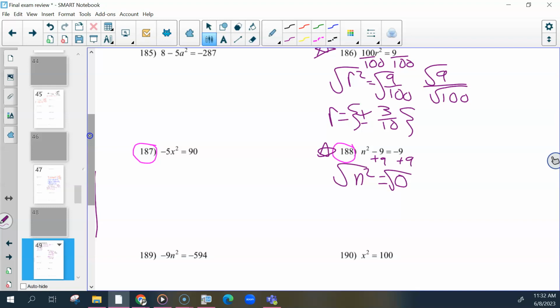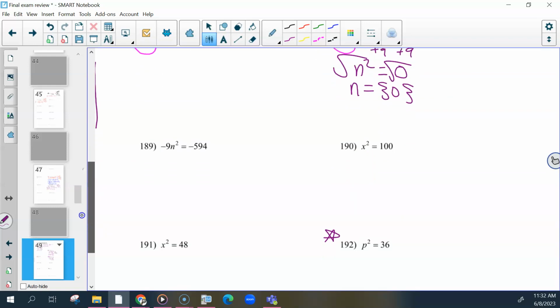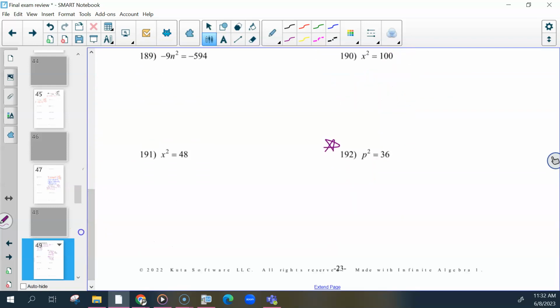In this case only, there's no such thing as a positive negative 0. 192 is almost already solved, so you just have to take the square root, which is 6, plus or minus. Right? Okay. Other questions on this page? Go on to the next one.